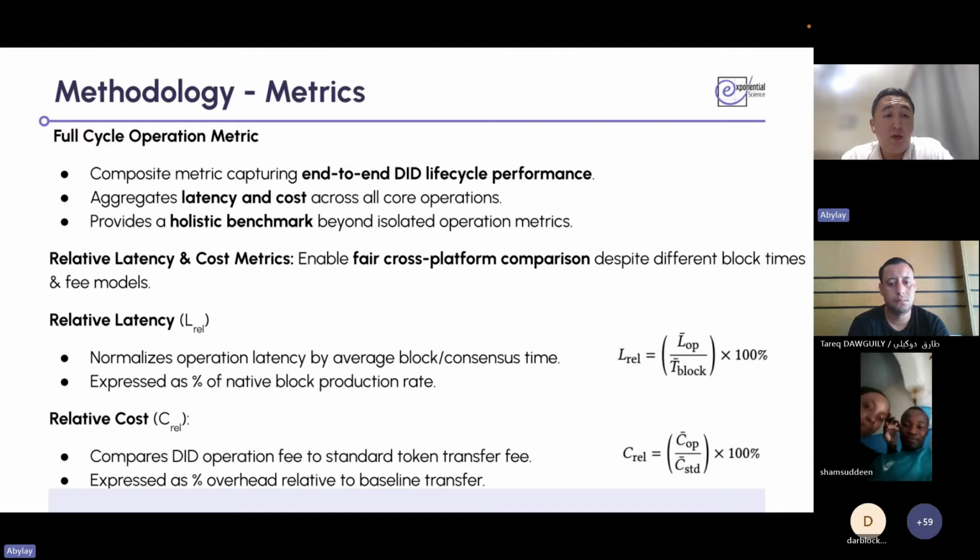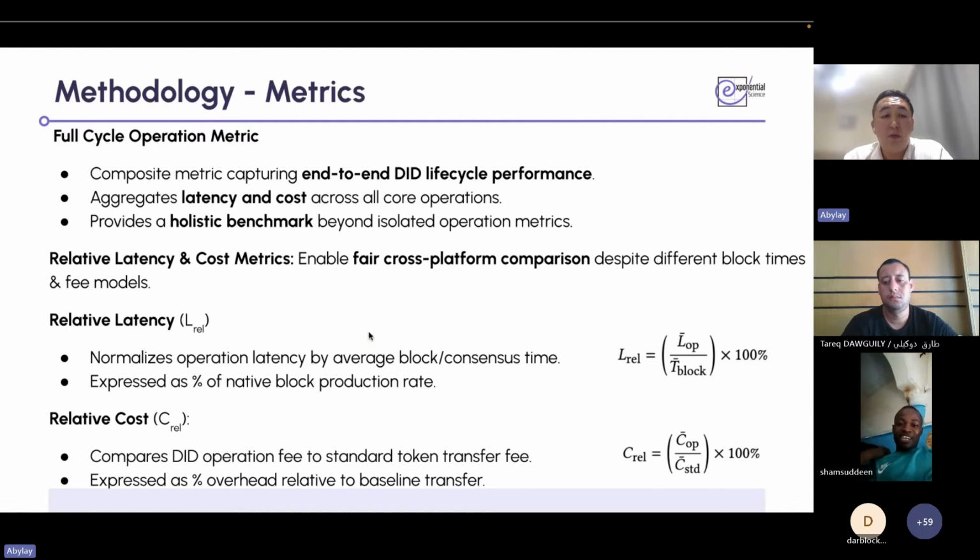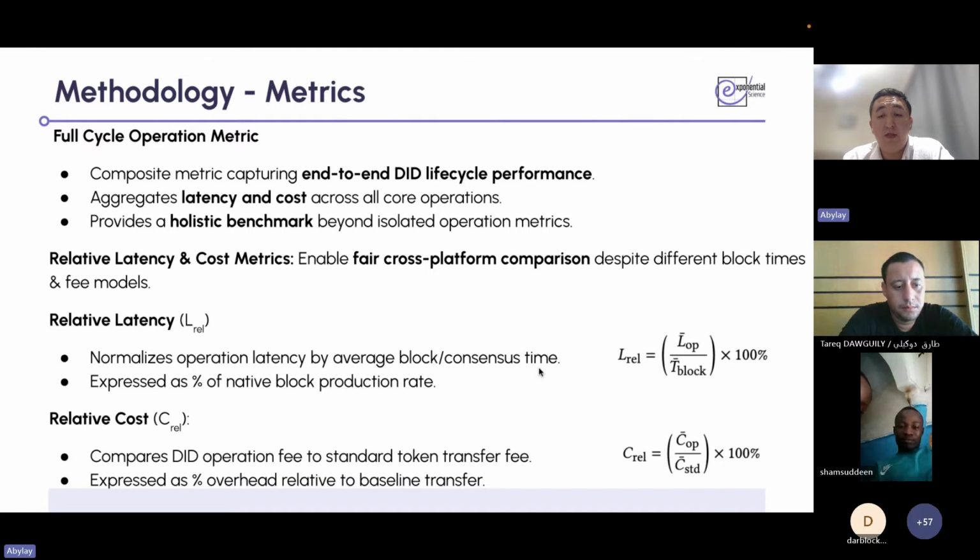So we introduced relative latency and cost metrics for that purpose. It normalizes operational latency by average block consensus time, expressed as a percentage of the native block production rate, or as overhead relative to a baseline transfer. So we compared the DID operation fee to a standard token transfer fee in Ethereum, Hedera, and XRPL. These relative metrics give you a fair comparison.